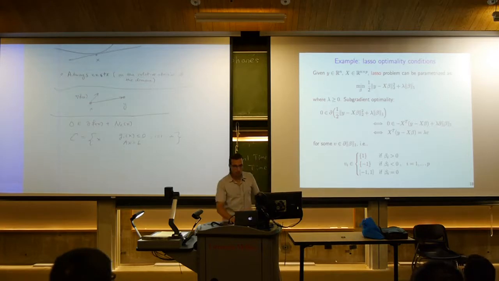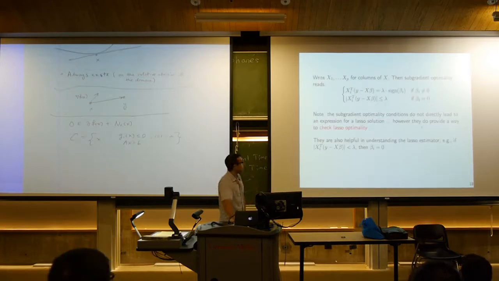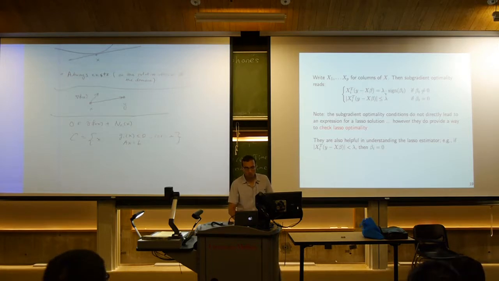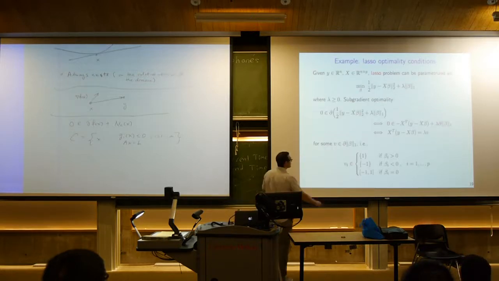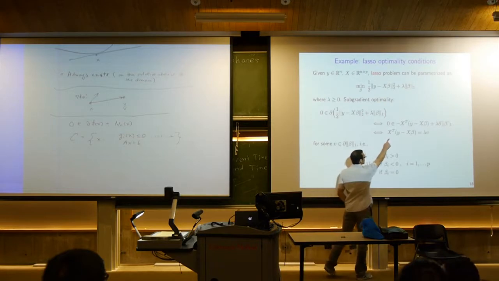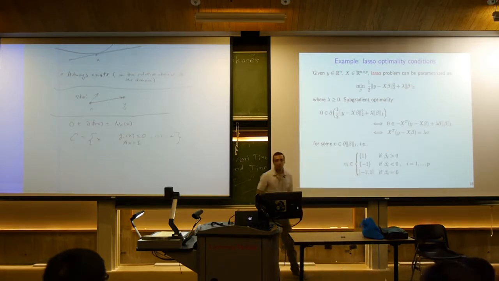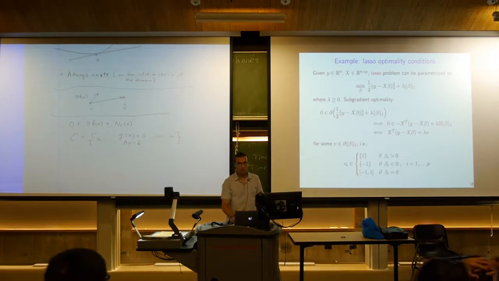So if I look at the ith component, it tells me that the ith component of that negative gradient, which is nothing else than x_i transpose the residual, y minus X beta, must be equal to, when beta i is not equal to 0, lambda times the sign of beta i. That just comes from looking at the components of this equation for which beta i is not 0 and invoking the fact that the subgradients over those components are just the signs.